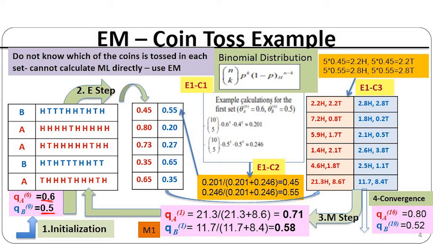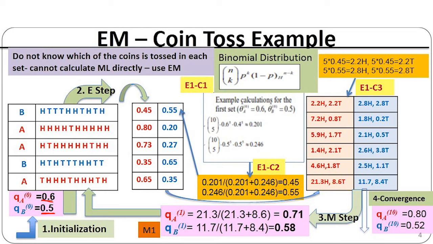Nowhere have I calculated it. Now this is the sequence of events given here. For the 5 sets of events, the same example we discussed in the previous slide, 5 sets: coin A, coin B, coin A, coin A, again coin B, and then coin A, which is tossed, and each set consists of 10 tosses.